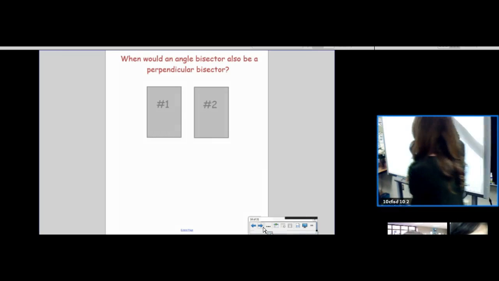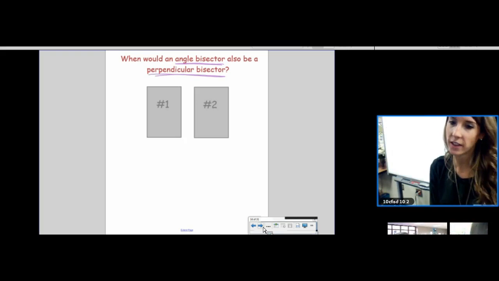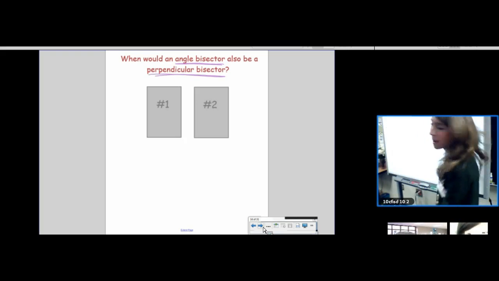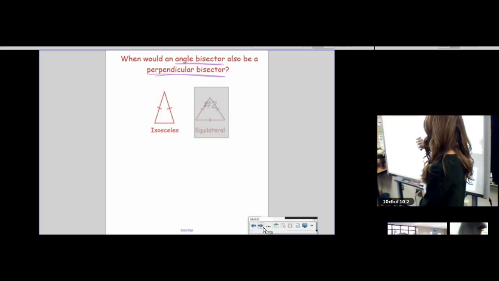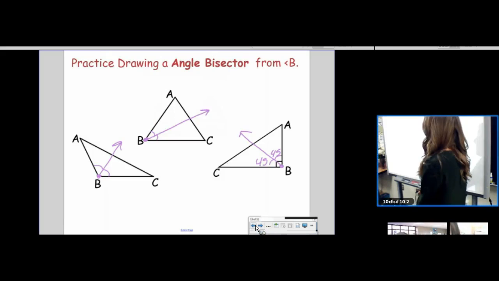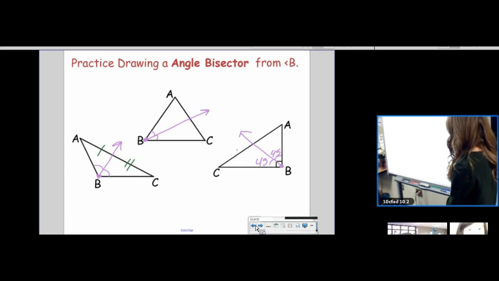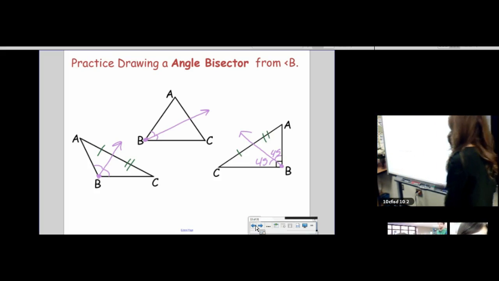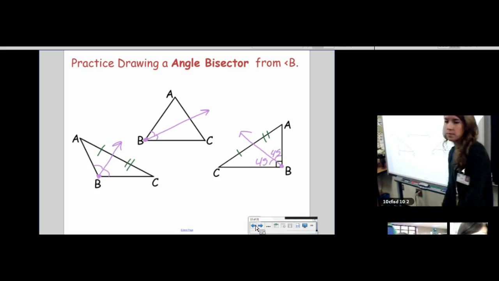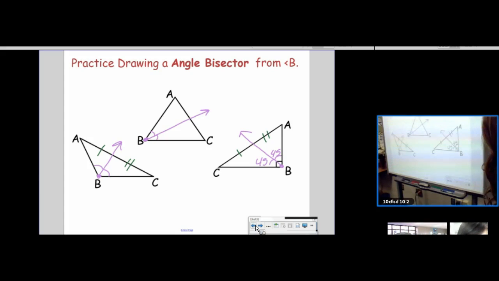When would an angle bisector also cut the side in half, also be a perpendicular bisector? And there's nothing new behind my two doors. It's the same answer in an isosceles and in an equilateral. So in the other ones, it did not cut this in half. It did not cut this in half. Well, we'll leave it at that. Yeah, if that's not an isosceles triangle.